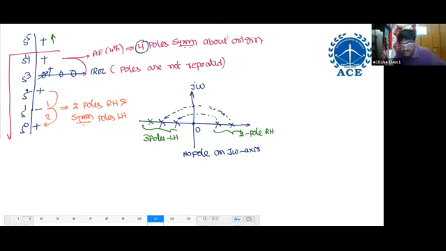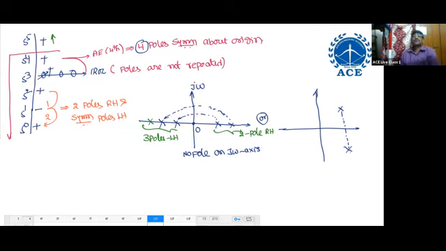Here, one more thing in this problem: two sign changes, so two poles right. Two poles right means it may even be a complex conjugate pair, and this is also correct. In the RH criteria, the main disadvantage is that we cannot identify the location of poles.